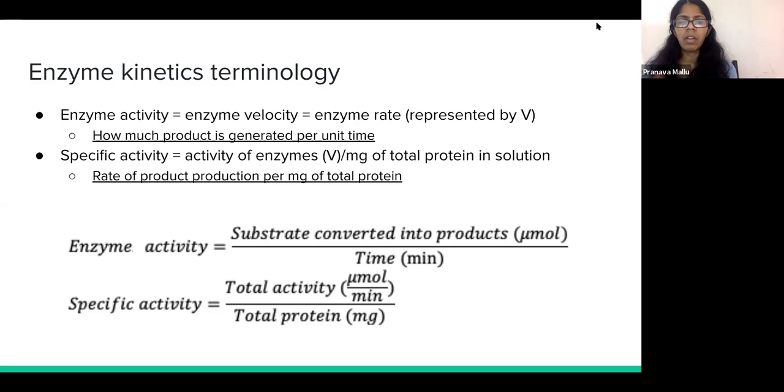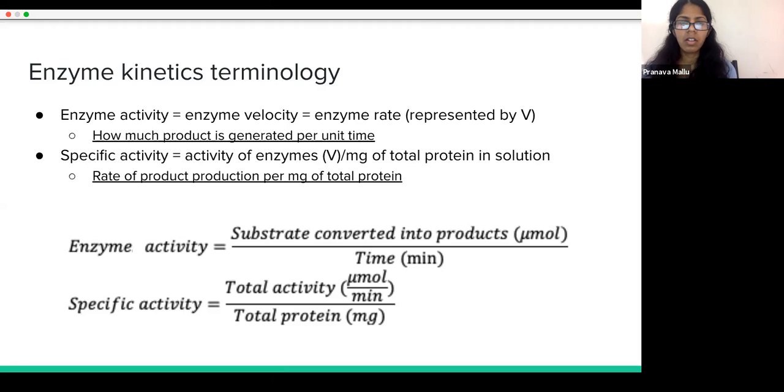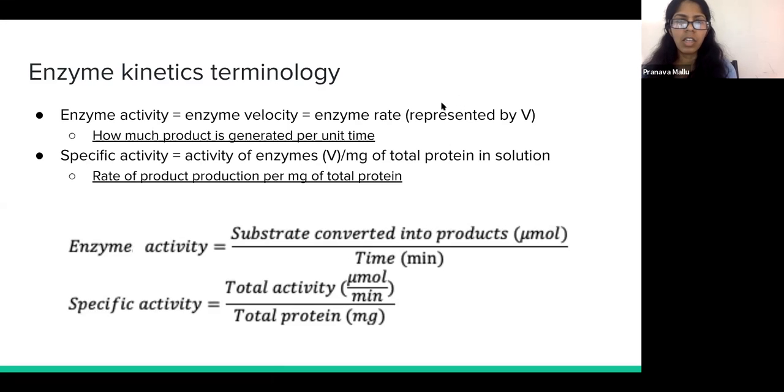But if sample 1 has 1 milligram of total protein, and sample 2 has 100 milligrams of total protein, which one would have a higher specific activity? Should I repeat that? I just want to see if anyone can figure that out right now.